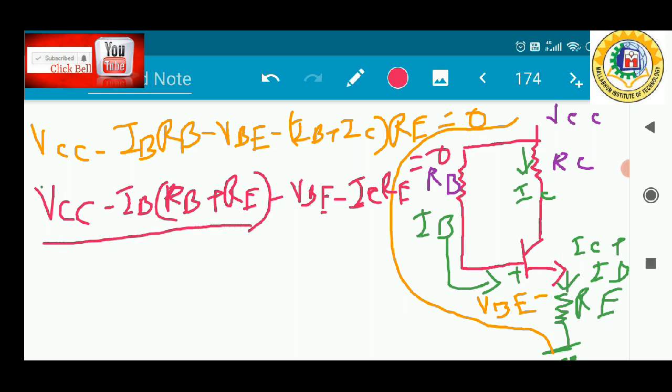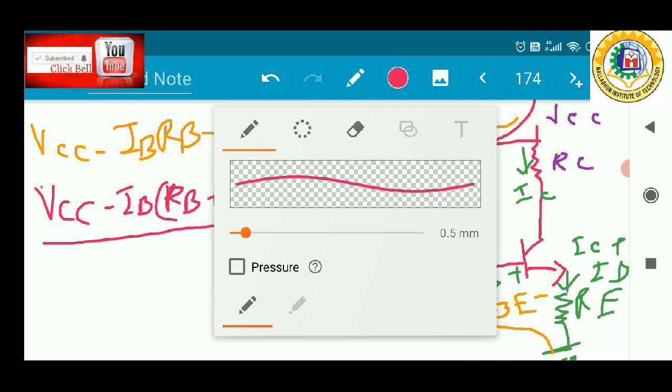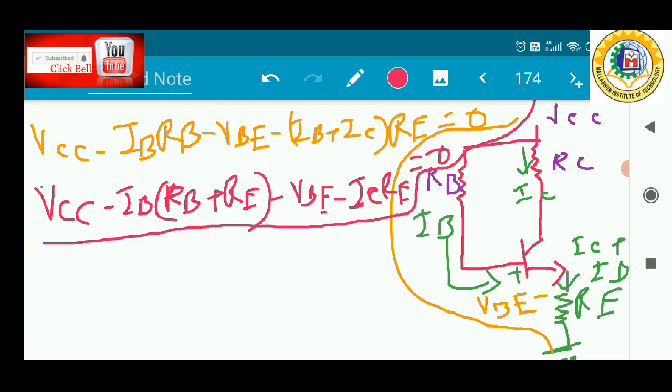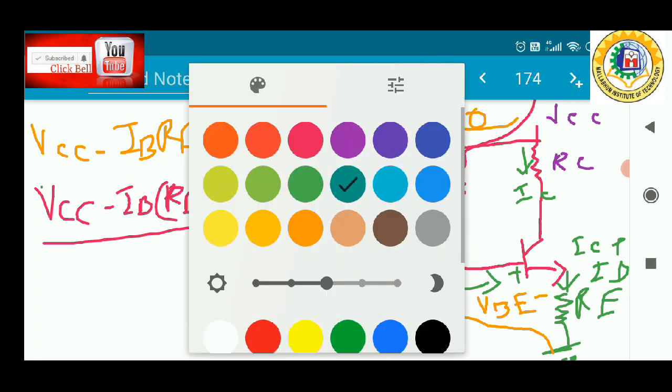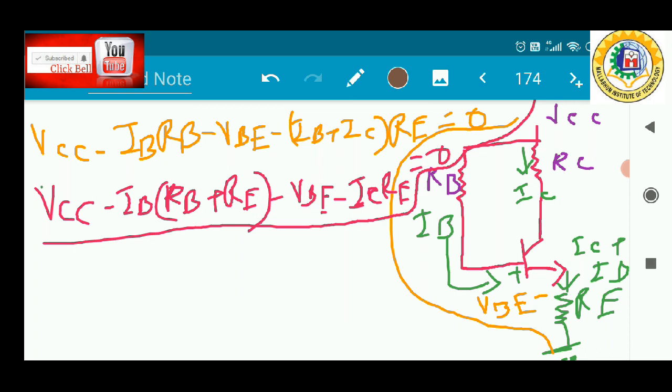Now in this equation, if we take the derivative with respect to IC on both sides, the derivative of VCC with respect to IC will be 0. Now IB will not be fixed with respect to IC.